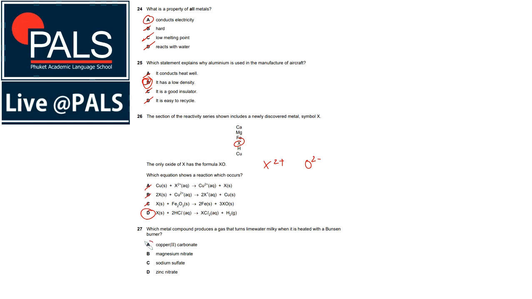That must be the carbonate, because when we heat a metal carbonate, it decomposes into the metal oxide plus carbon dioxide, and the carbon dioxide bubbled through lime water will turn it milky. This is the test for carbon dioxide. All the others, nitrate, sulfate, nitrate, don't produce carbon dioxide, so they wouldn't turn the lime water milky.